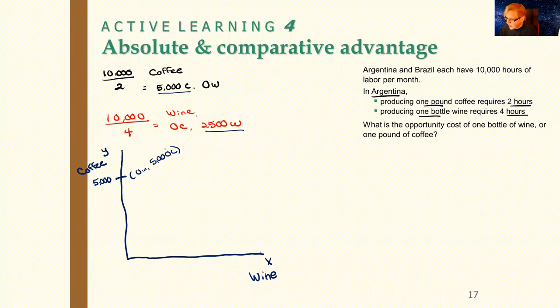For our wine down here, we're not going to produce any coffee, so I'm not going up at all, but I'm going out 2,500. So this would be 2,500 wine and no coffee. I have 2 coordinate points, so I can connect them with a straight line.